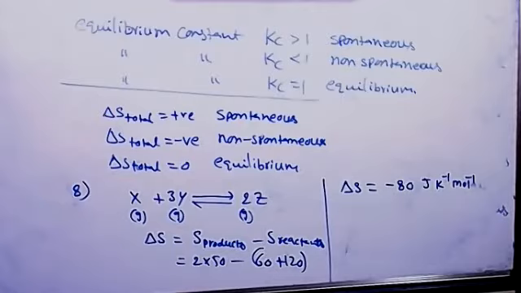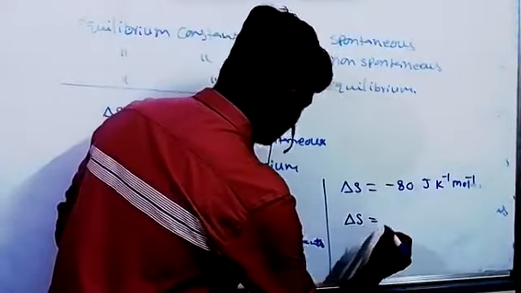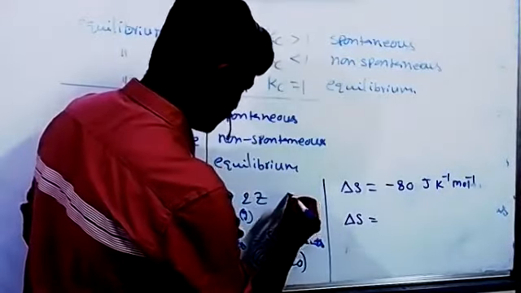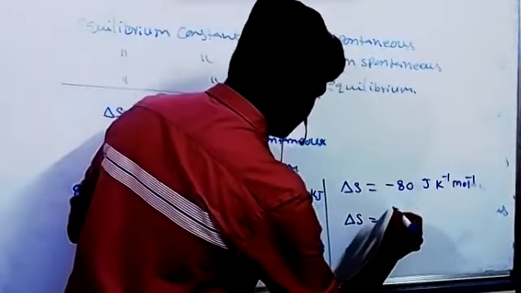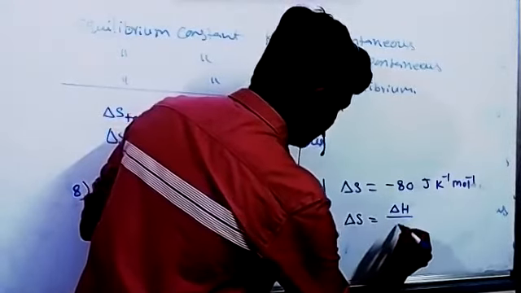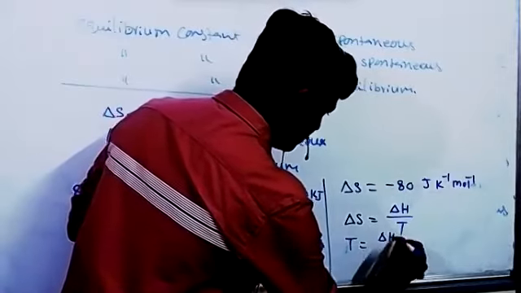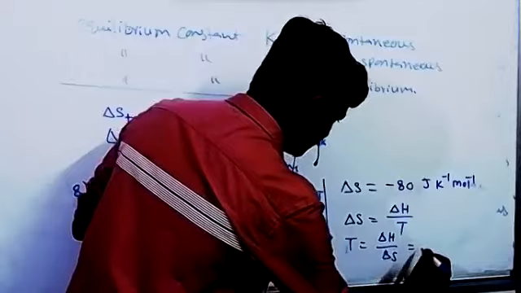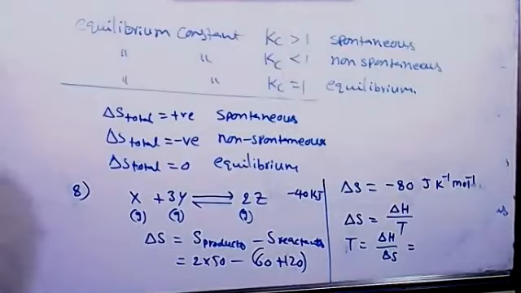Enthalpy of reaction is minus 40 kilojoule. At equilibrium, delta G is 0, so delta H by T equals delta S. We want T is equal to delta H by delta S. Calculate this value. Delta H is 40 kilojoule, so take 40,000 divided by 80.